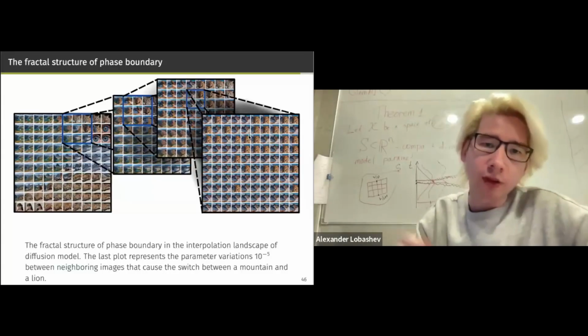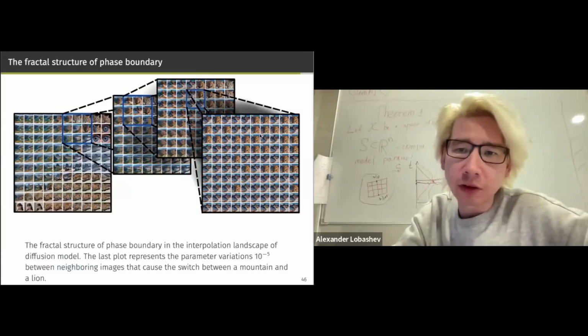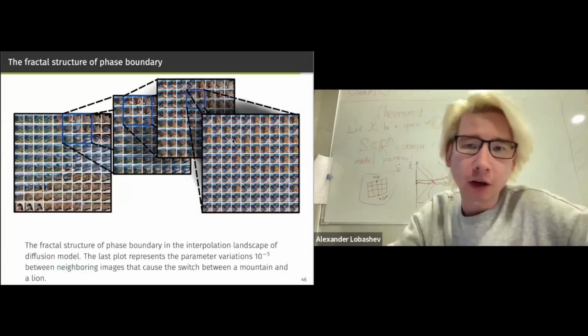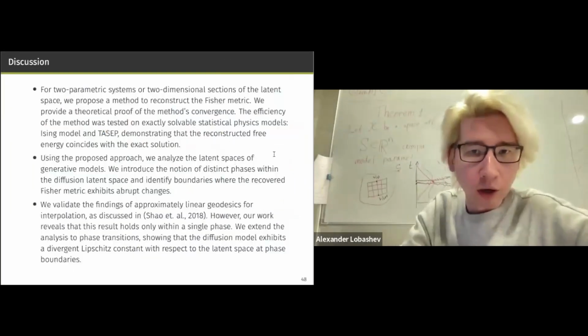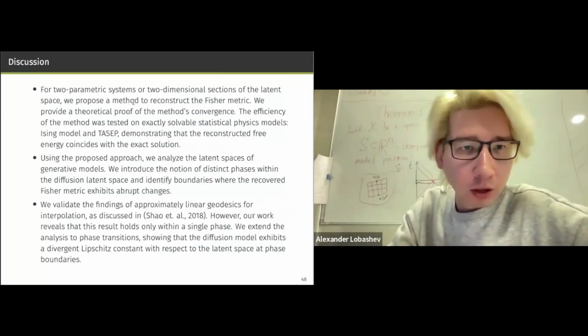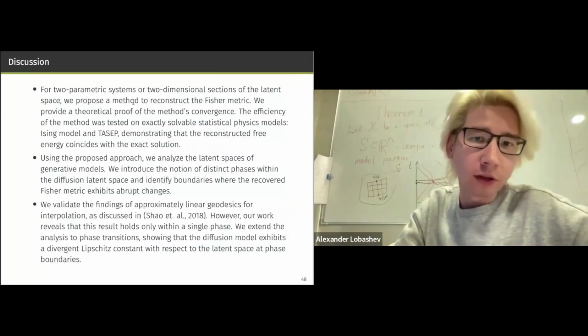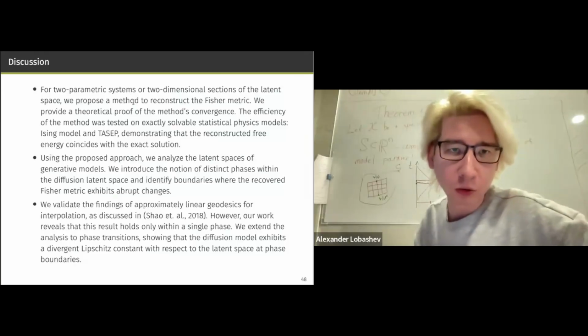So this is our hypothesis why these fractal transitions arise in diffusion models. Finally, the discussion.